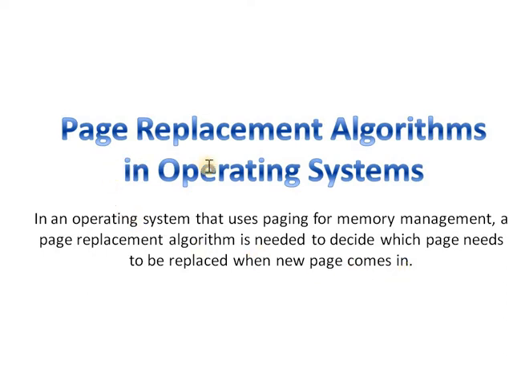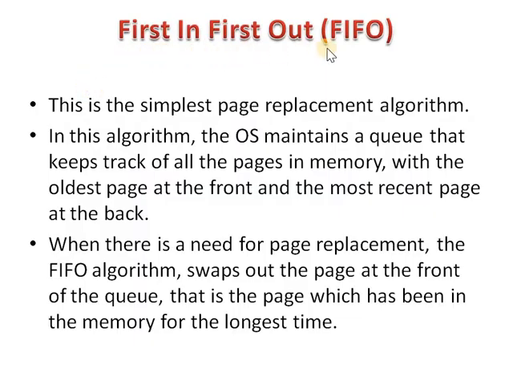At that time we use different page replacement algorithms. The first algorithm is first in, first out. In this algorithm we replace the page at the front of the queue, the page which has been present in the memory for the longest time.